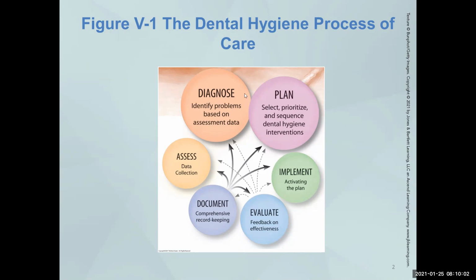So we're individualizing this process of care, and these are all the steps in the process of care. So when we are talking process of care, these are the steps, the ADPIE, trying to maintain optimal oral health as well as bring the patient back to optimal oral health, depending on what their status is.